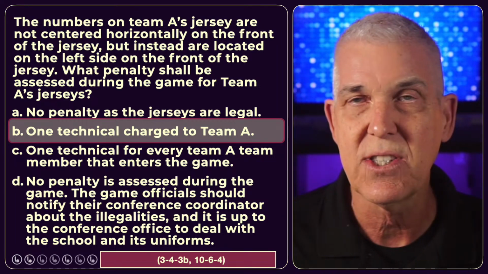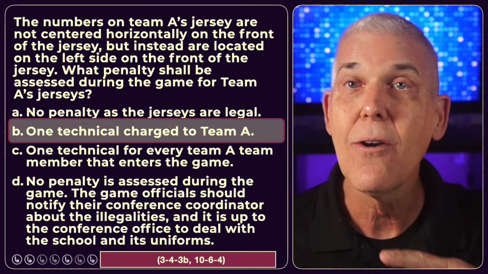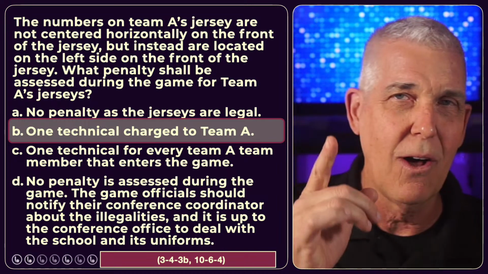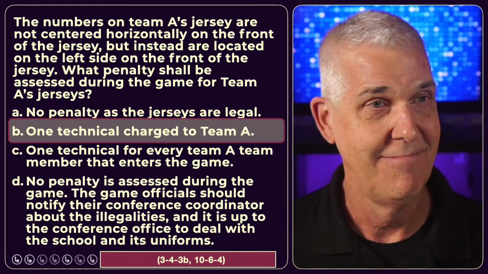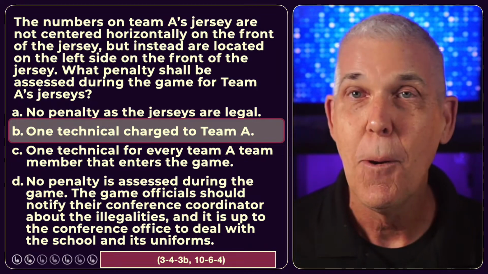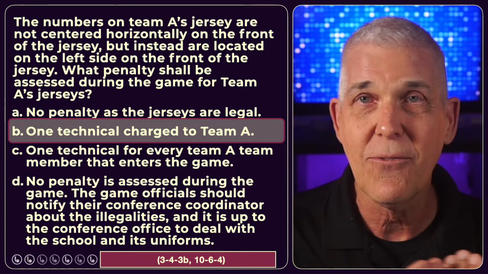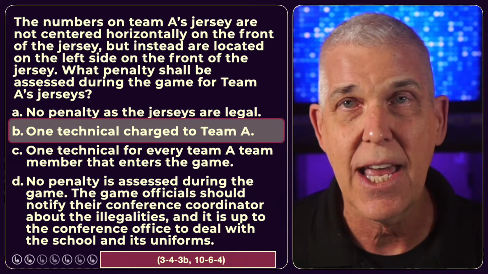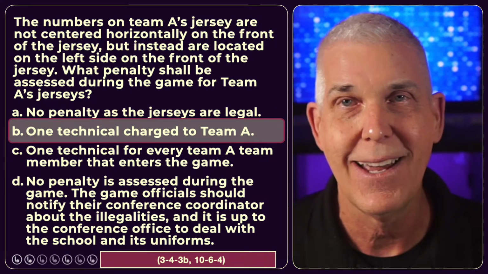They lose their privilege to stand and coach their team. So we are assessing, let's call it, an administrative technical on our test question preparers for giving us this. It is going to lead officials astray, and they're going to rule incorrectly in these situations as a result. I guarantee you. All right, next question.